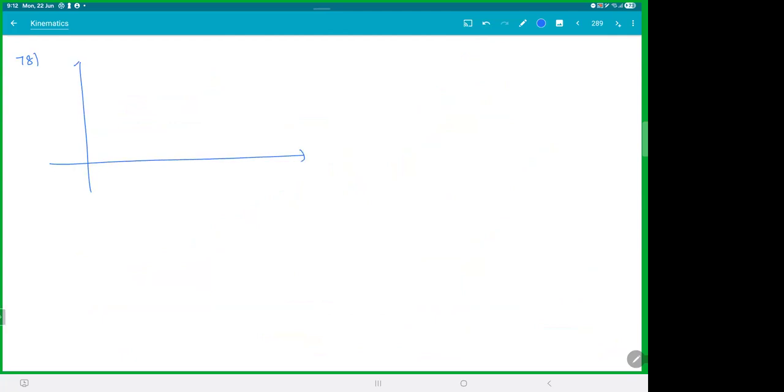Let's do one easy one. Let's say this is a VT graph. 10 meters per second, 10 seconds, 20 seconds.